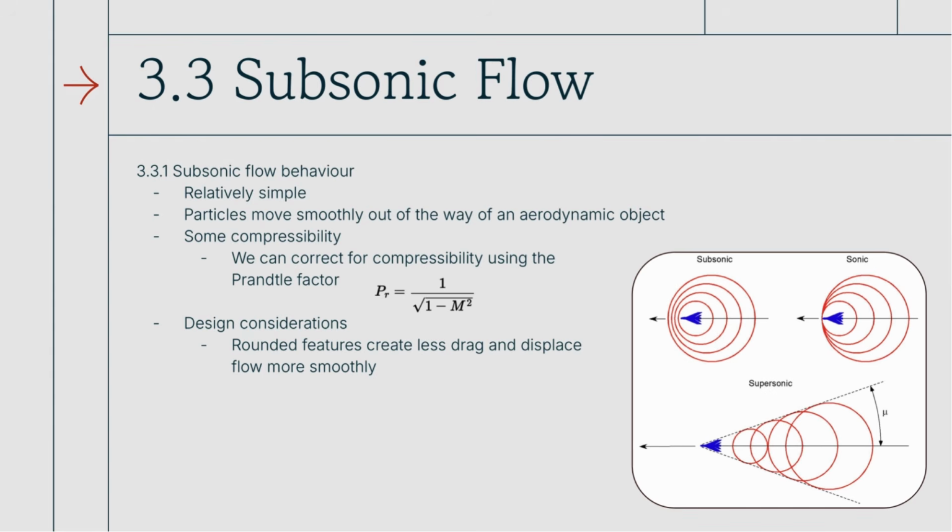So it's typically a correction factor that we add, that Prandtl factor right there. And then, as I had mentioned before, because the air molecules have warning ahead of time that they need to move out of the way, a lot of the designs have these rounded features so that you're letting the air molecules move out of the way very nicely. It creates less drag, and it displaces the flow more smoothly.